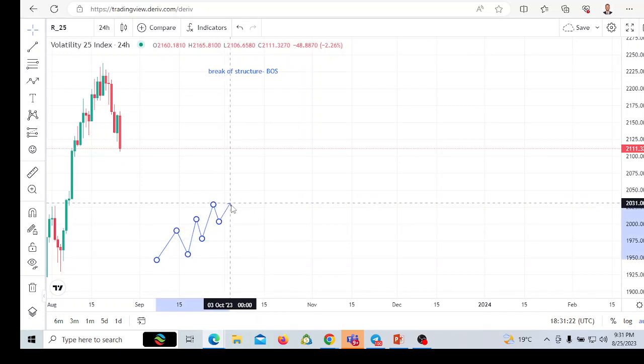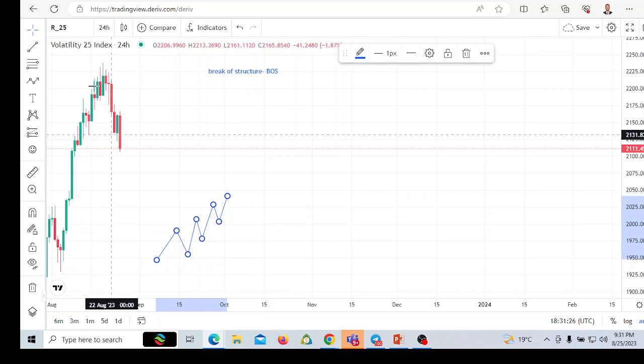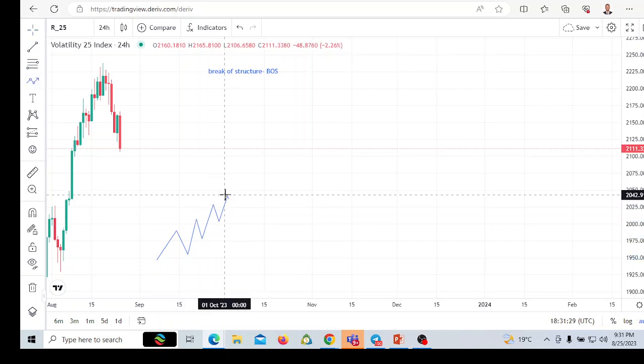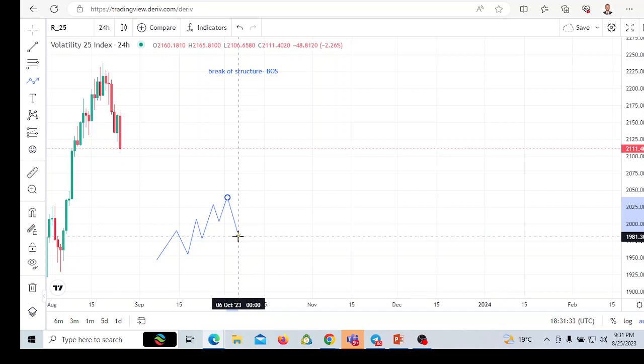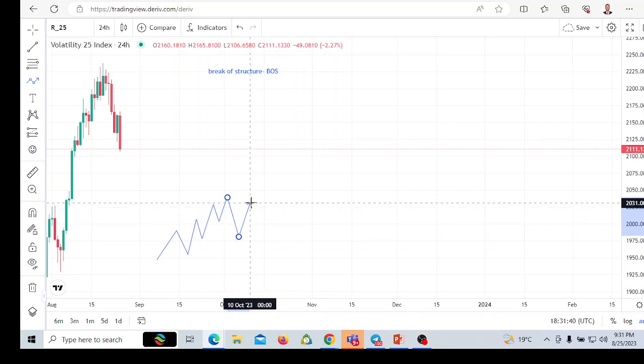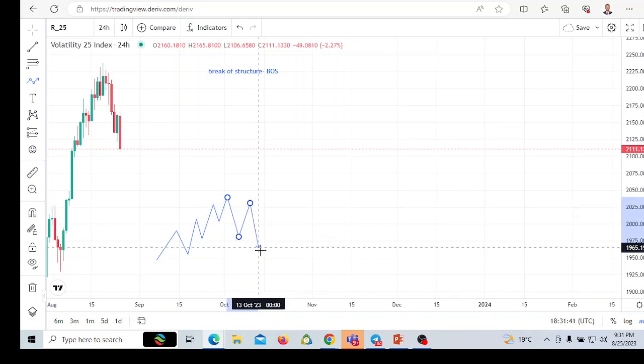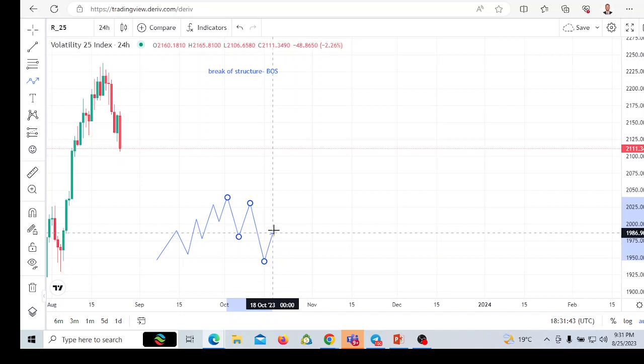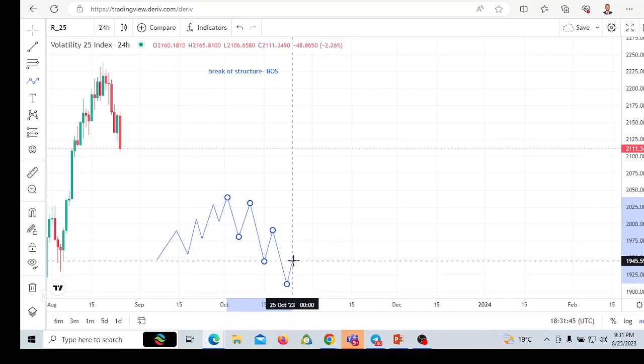But now what happens? There are times that this will happen. Price will come, close below this low, and then start selling down.